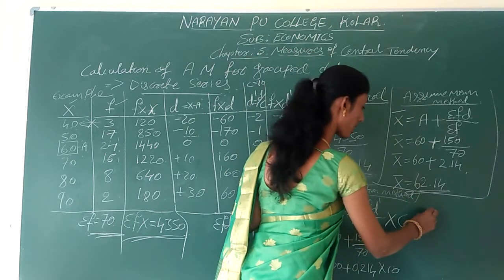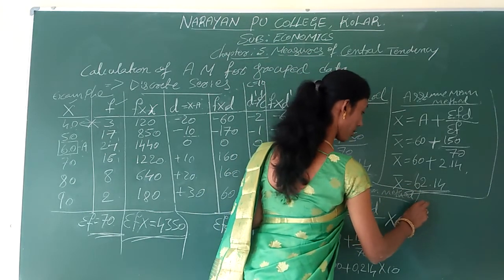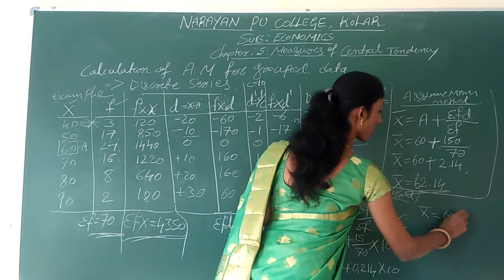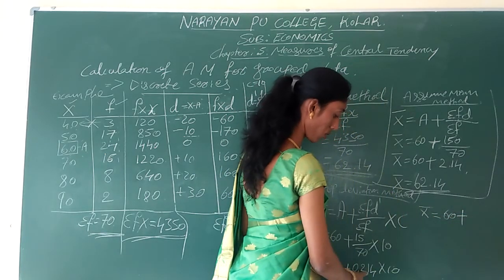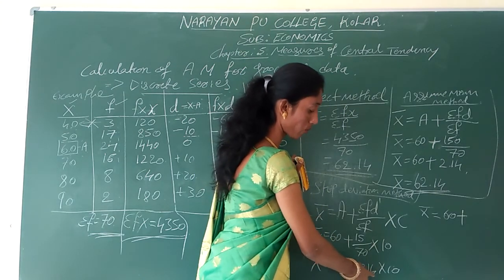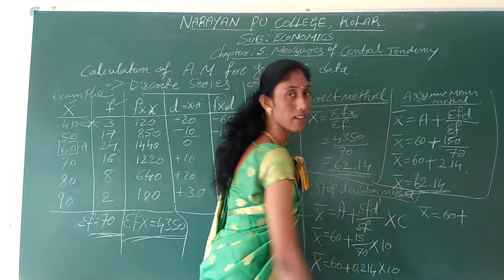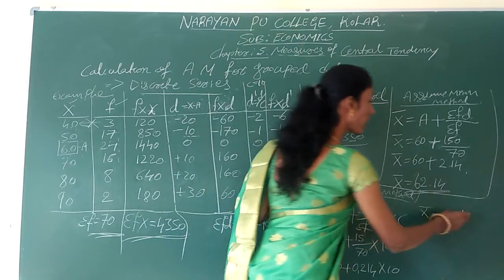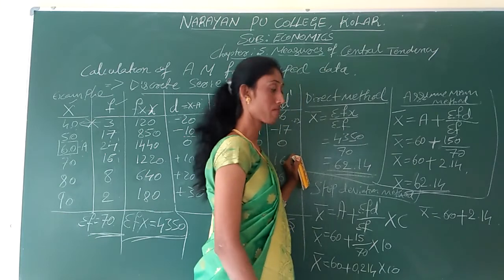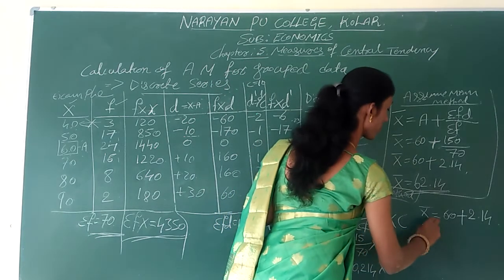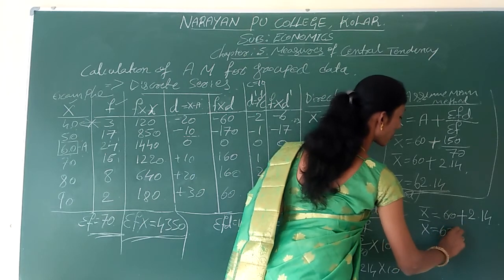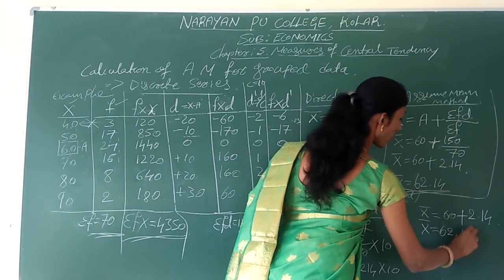Now for the further simplification: 60 plus 0.214 into 10. We will get 2.14, right? Then X bar is equal to 62.14.